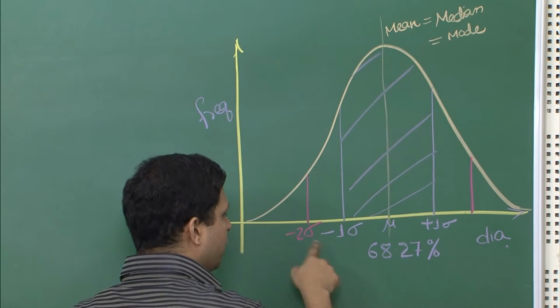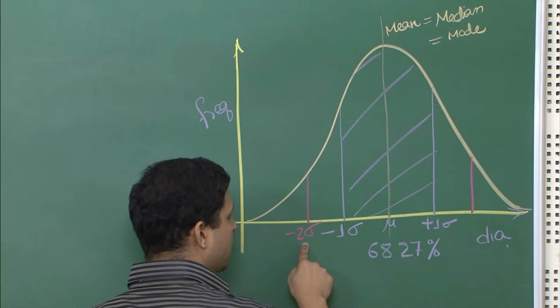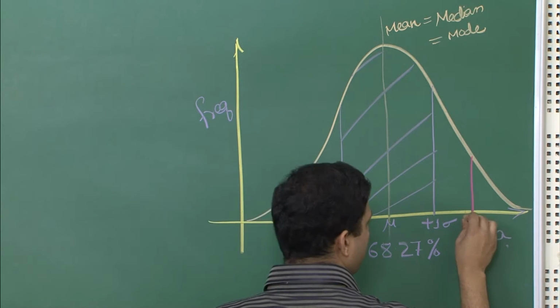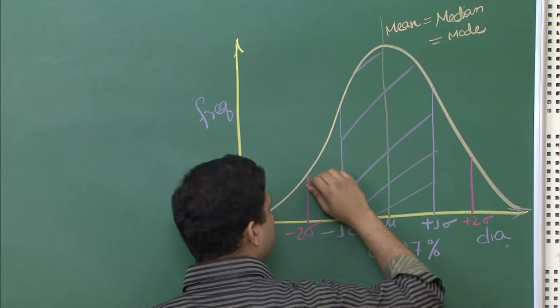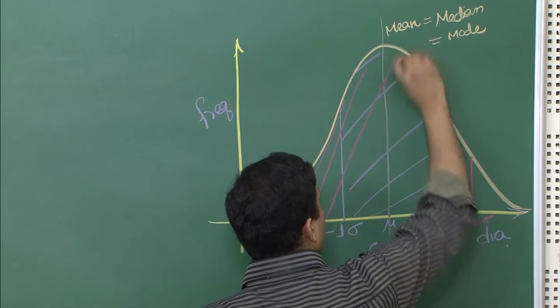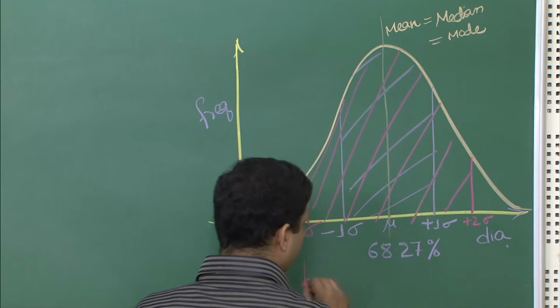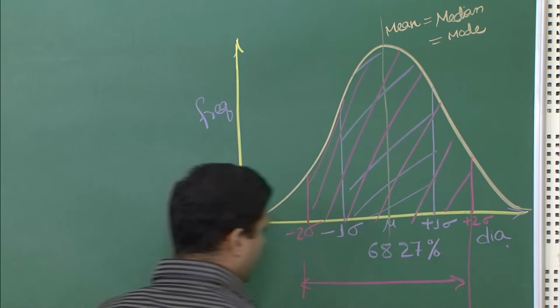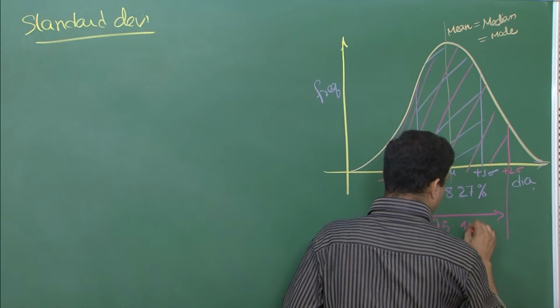So, in this case since sigma was 5 micron, this becomes minus 10. So, 50 minus 10 is 40, and here we will have 50 plus 10, so 40 to 60. Now, within this range you should have 95.45% of data.